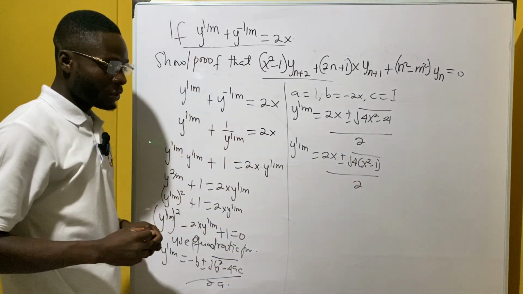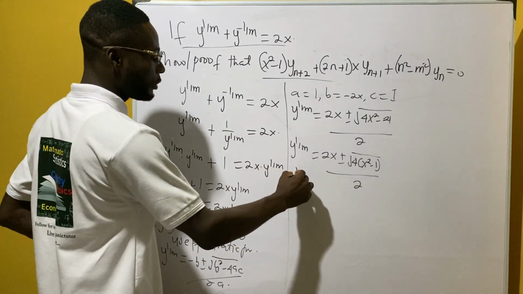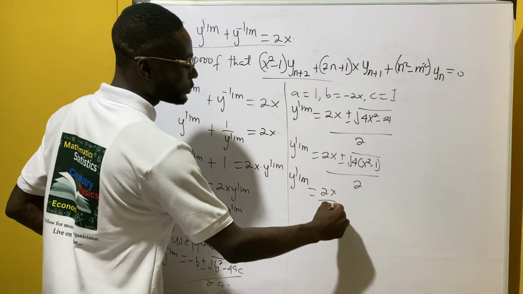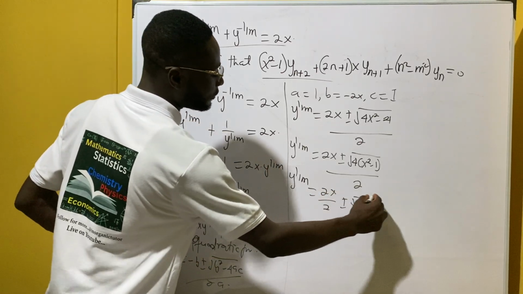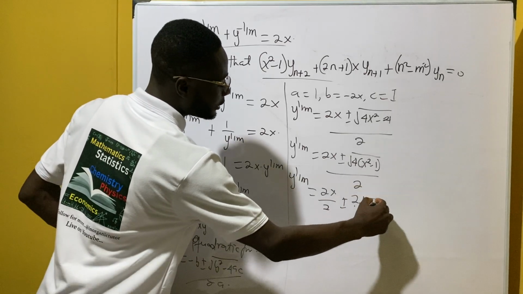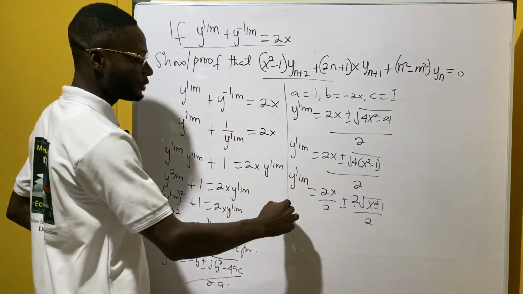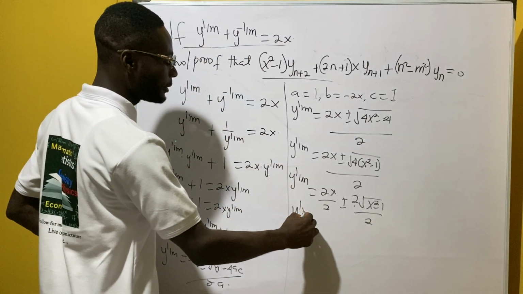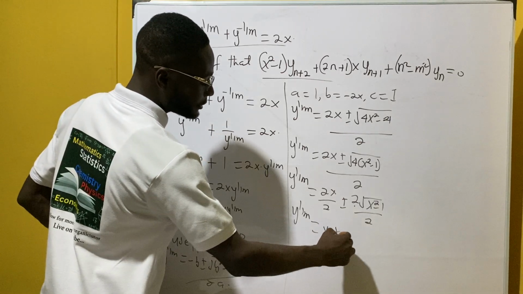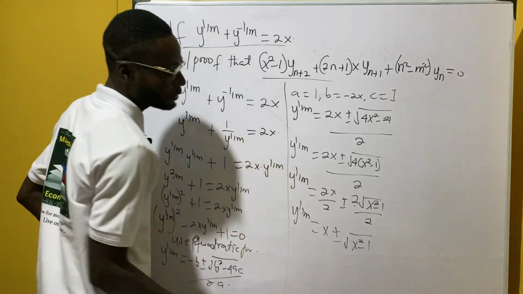So y^(1/m) equals 2x all over 2 plus or minus the square root of, this gives us 2 right here, all over 2. So we have y^(1/m) equal to x plus or minus the square root of x² − 1.